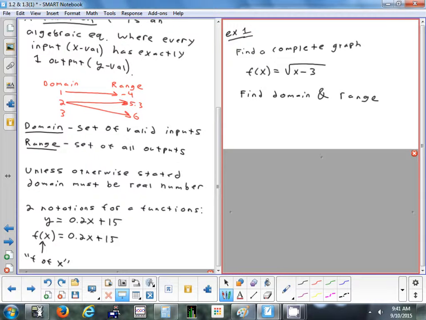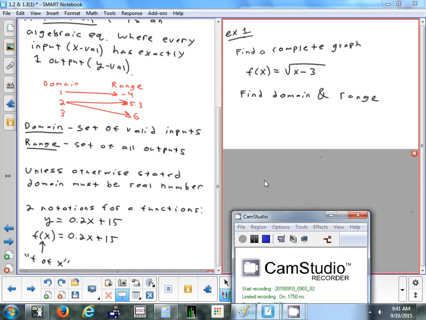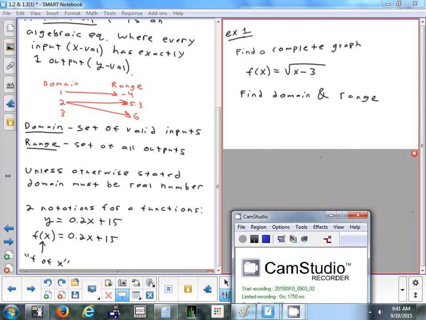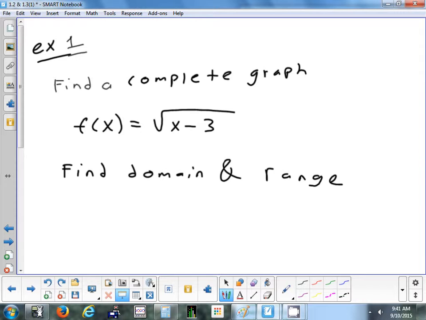We've actually kind of already did example 1 with the very last problem, but let's take a look at that. Here, what I want to do is find the domain and range. What kind of numbers do we need to avoid under square roots?